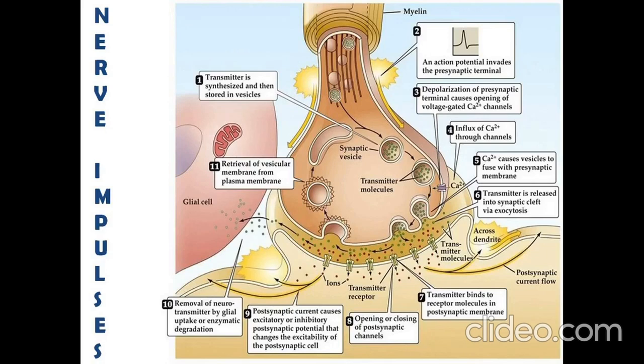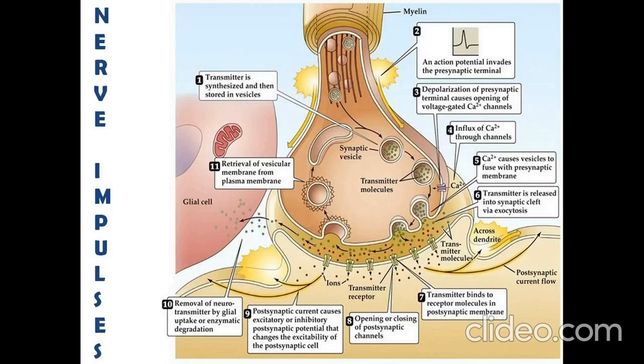It means the neurotransmitter gets synthesized in the presynaptic terminal and stored in the synaptic vesicle. When the action potential is generated at the presynaptic terminal, it causes the depolarization of the presynaptic terminal and the opening of the calcium channel, and this calcium channel causes the influx.